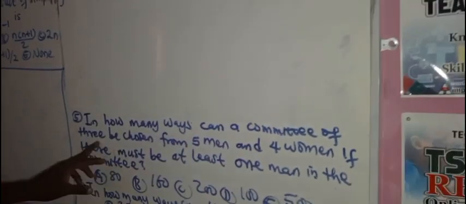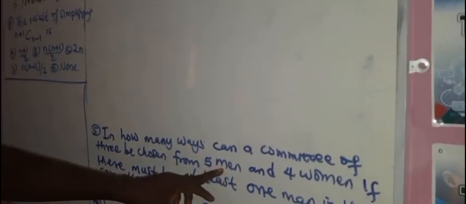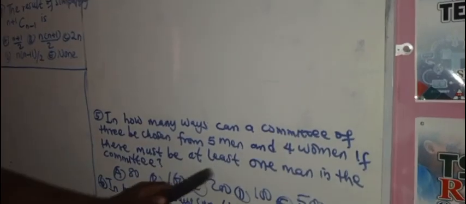Now, in how many ways can a committee of 3 be chosen from 5 men and 4 women? Okay, we have 5 men and we have 4 women. They want to choose three people to make up a committee. Okay, if there must be at least one man in the committee, condition at least one man, meaning that the minimum we can have is one man.